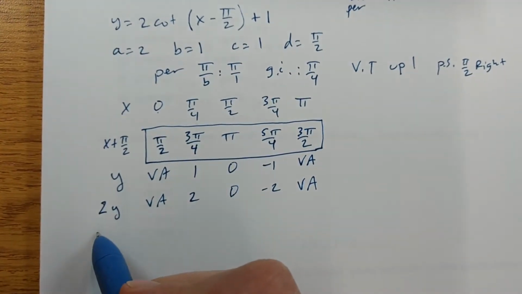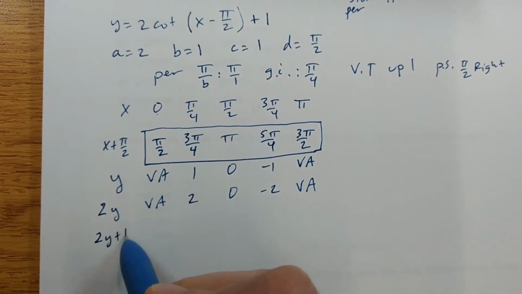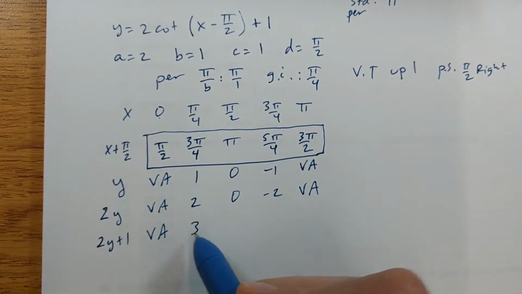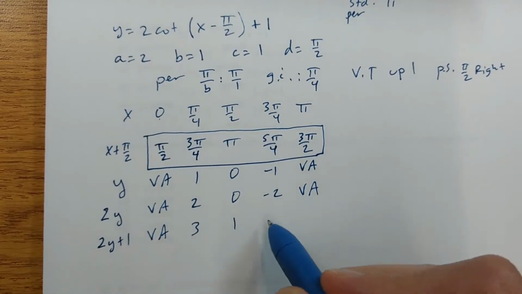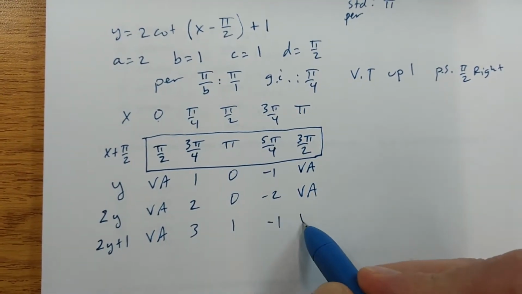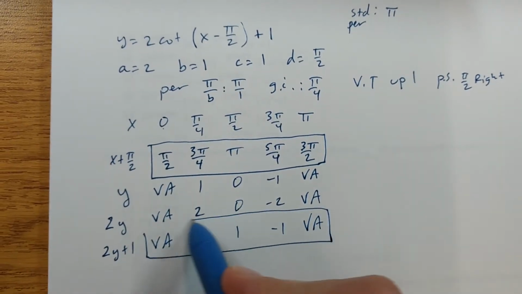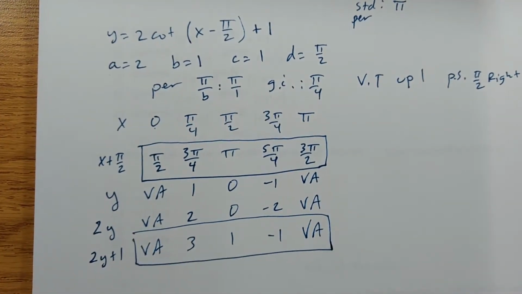Now we'll take our vertical shift into account. 2y plus 1, well, you don't need to move a vertical line up. 2 plus 1 is 3, 0 plus 1 is 1, -2 plus 1 is -1, and then a vertical asymptote, and these will be the y values that will go on our graph.